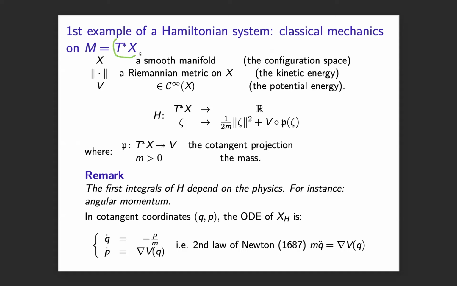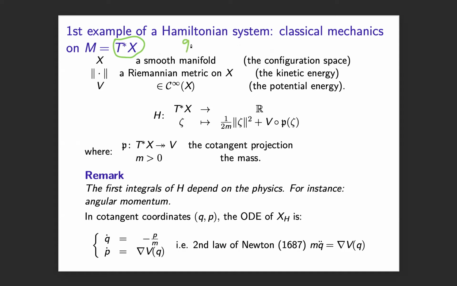And now we learned that on every cotangent bundle, you can construct a symplectic form. So the intrinsic construction of this symplectic form on the T star of X is not so hard to give. Maybe I don't do it right now. I can tell you the one in coordinates.